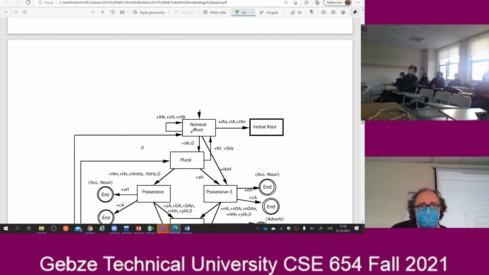Nominal root, and you start with it, and if you continue this way, for example, lash, la, lan.